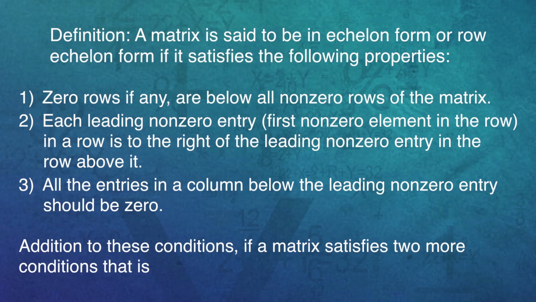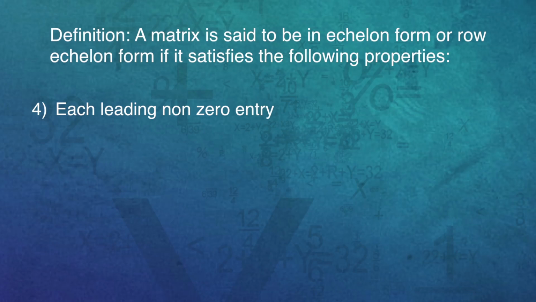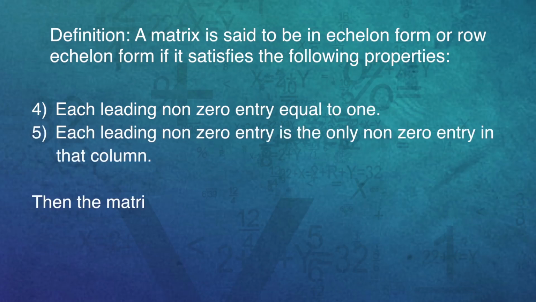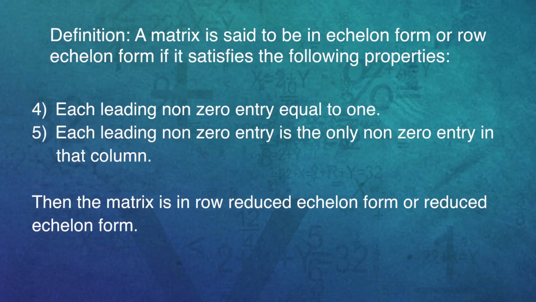Third: all the entries in a column below the leading non-zero entry should be 0. These are the three properties, and in addition to these conditions, if a matrix satisfies two more conditions, that is each leading non-zero entry is equal to 1, and each leading non-zero entry is the only non-zero entry in that column, then the matrix is in row reduced echelon form or reduced echelon form.